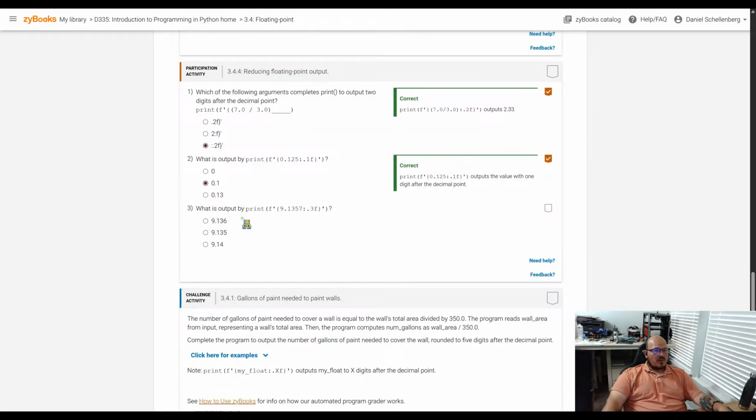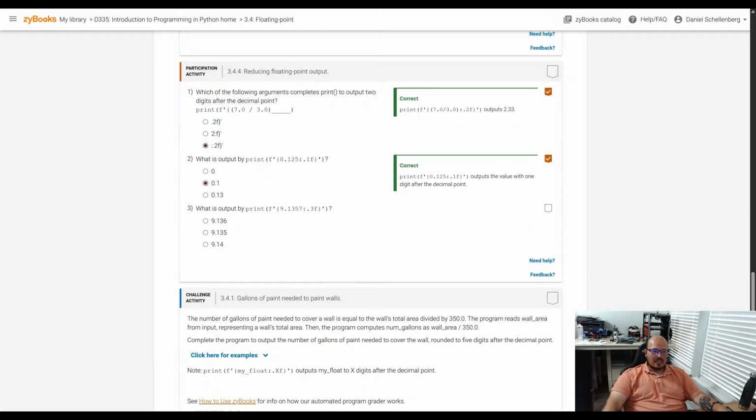What is output by this one here? So this is wanting 3 digits after the decimal point. This one is interesting because this one's rounded up and this one's not.